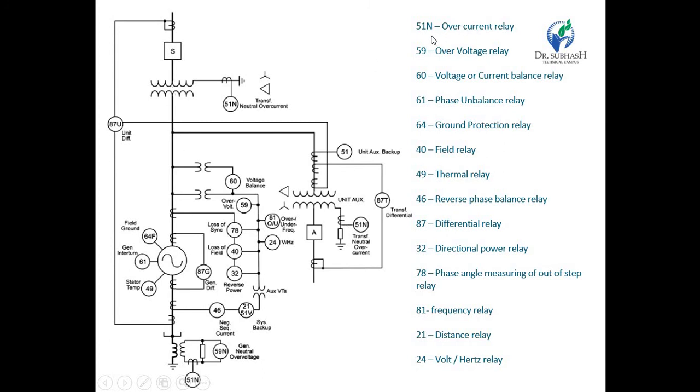So the first one is 51N overcurrent relay, 59 is overvoltage relay, 60 is voltage or current balance relay, 61 is phase unbalance relay, 64 is ground protection relay, 40 is loss of field. 49 is a thermal relay, which is for overload.